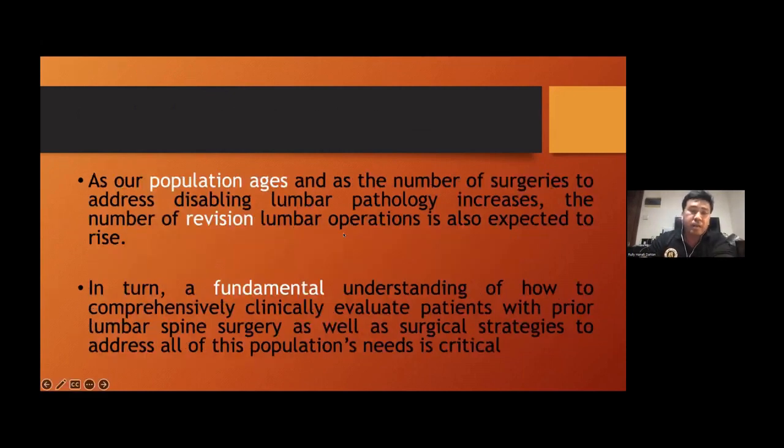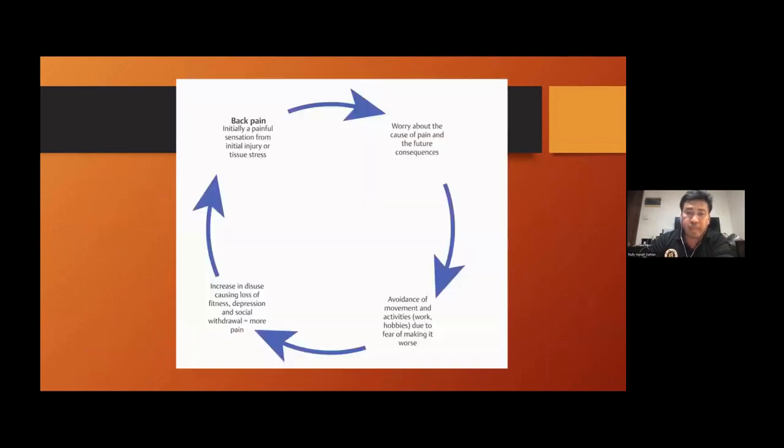As our population ages, the number of revision lumbar operations also rises, so a fundamental understanding of how to comprehensively evaluate the patient clinically, and of surgical strategies, is needed. This is the cycle of pain in lumbar disc herniation and recurrence.